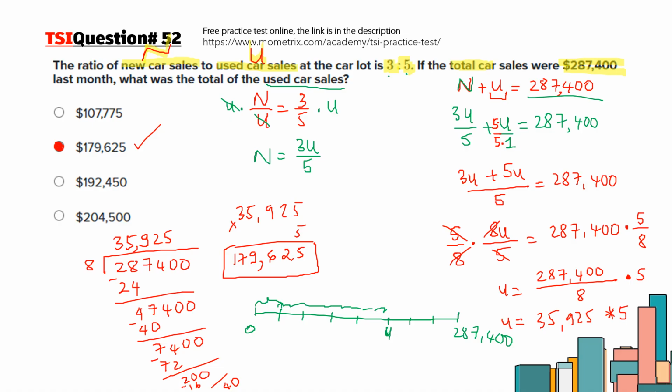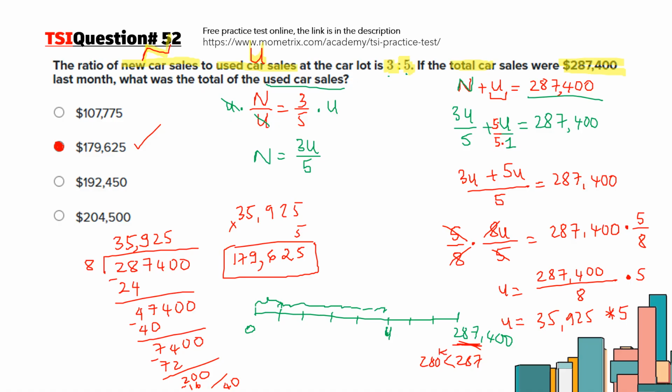So the thing is, if it's 4 to 4 in the middle point right here, you will have half of the 287,400. Okay, so half of the 287, let's say it's bigger than 200, right? 1000. Let's say K right here.